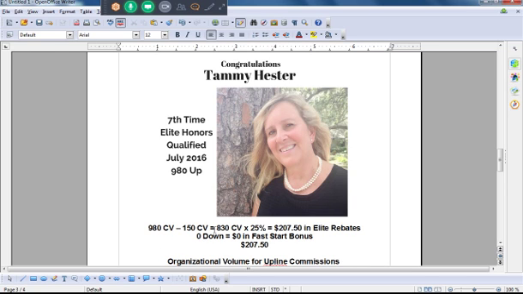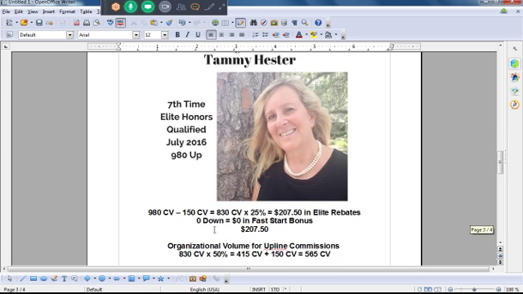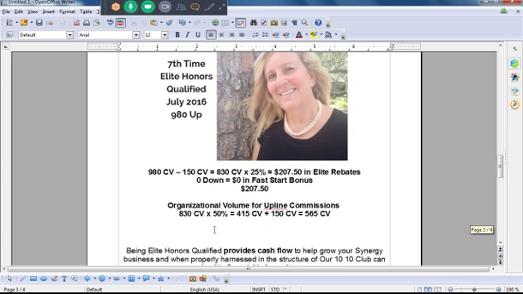So for her, she had $207.50 in cash flow coming into her Synergy business. What did she represent for me from an organizational volume standpoint? Again, we have the 830, 50% of it is 415. Add back in the threshold of 150. So for Tammy on my left-hand side, she represented 565 CV of volume from an organizational volume standpoint.